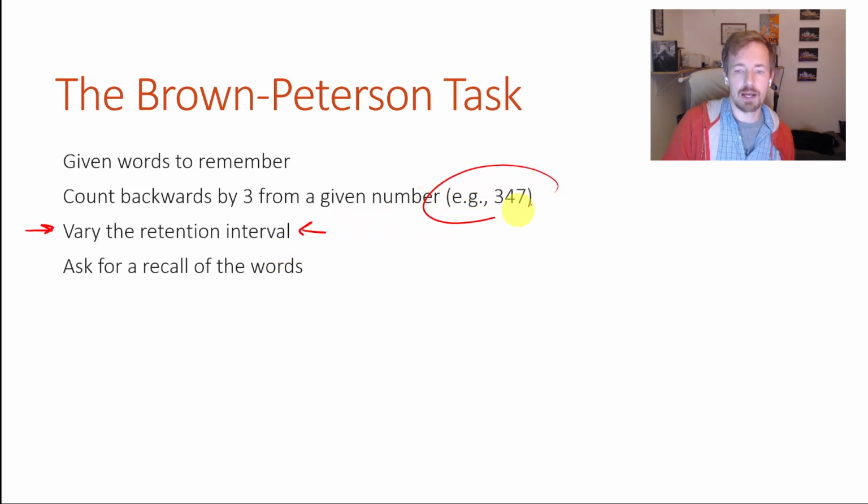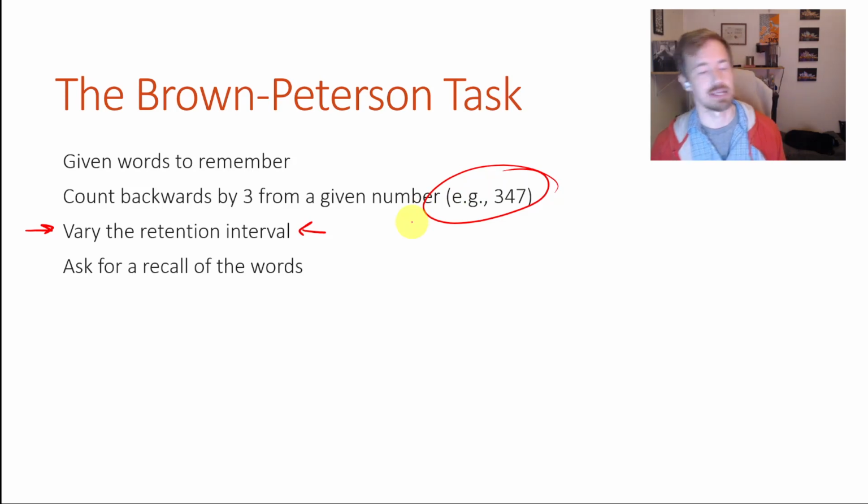Whenever you are trying to calculate that and you are sounding it out, 347, 344, 341, I did that wrong, but if you're doing that, then that's going to interfere with what you were trying to remember if you were trying to remember that list verbally. If you're trying to repeat those words to yourself, you're trying to rehearse them. But if you are trying to remember someone's face, then this task actually should not disrupt that memory.